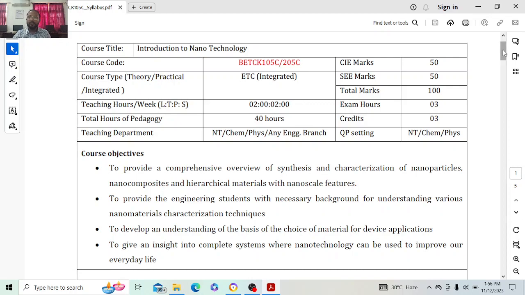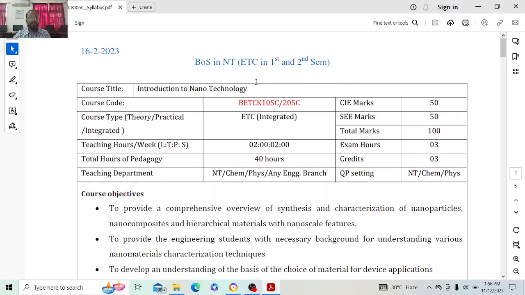The subject shares 50 marks for CIE, that is continuous internal evaluation, where you get marks for assignments, quizzes, and even your internals.